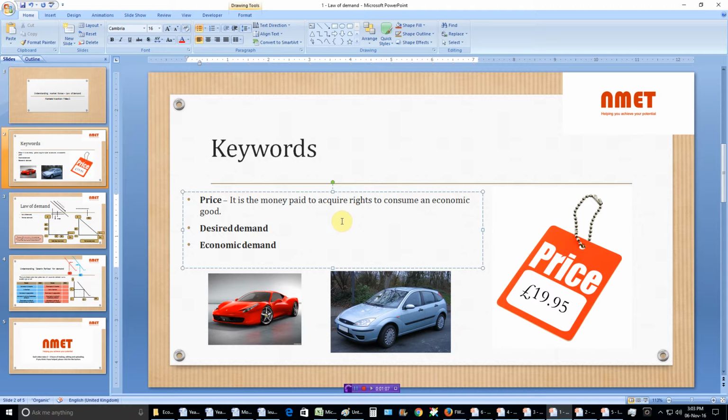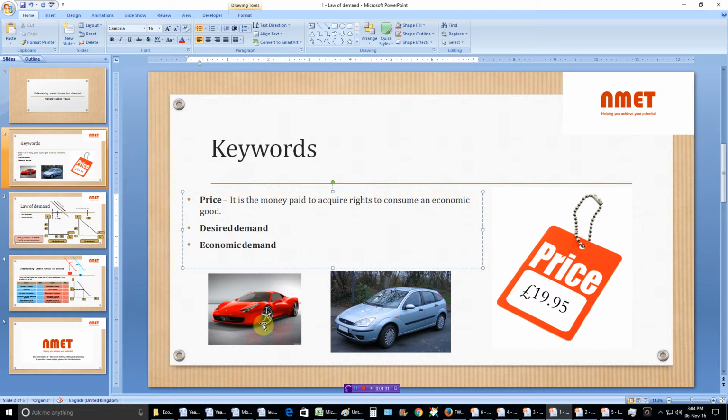Two things when we're talking about demand in economics: we need to understand the difference between desired demand and economic demand. Desired demand is what people want but can't have, because they cannot afford to pay for it. I've put down the picture of a Ferrari. I want a Ferrari, but can I afford one? Probably not at the moment.